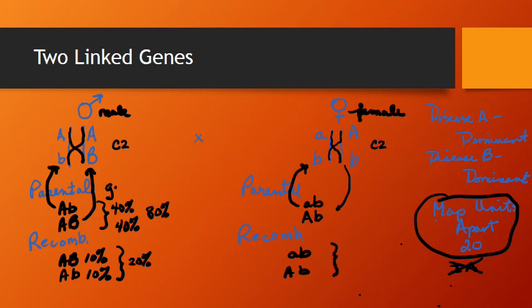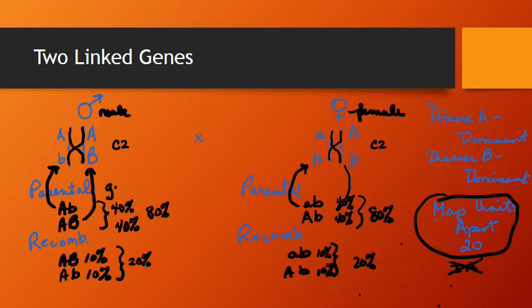So we're going to have 10% here, 10% here, for a total of 20%, and we're going to have 40% here, 40% of the gametes of the dominant A and recessive b, for a total of 80%. I hope this makes sense.